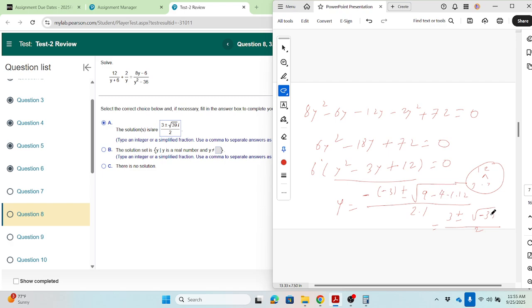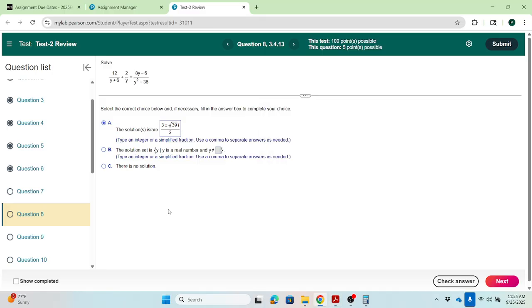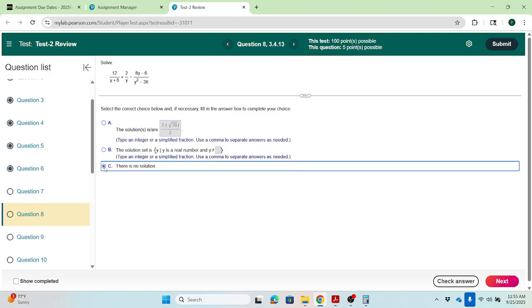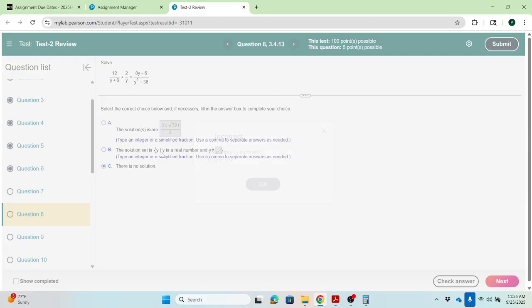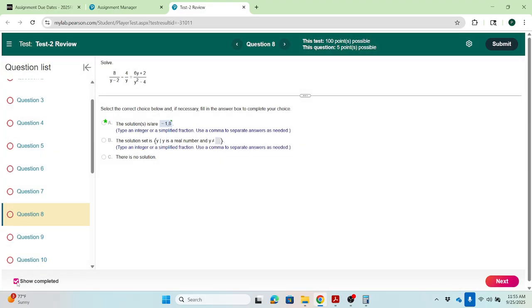It's supposed to be negative 39. And that's supposed to be the right answer. I don't know why it's not the right answer. If I try, there is no solution. Again, it's not taking my answer. So let me just give that. What happened? I don't know.